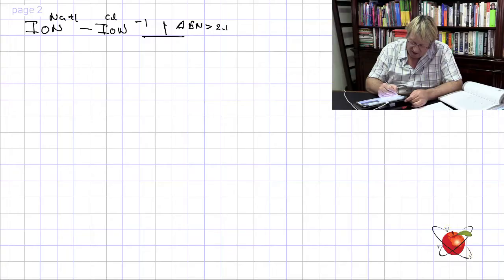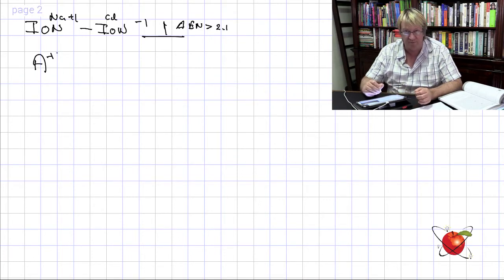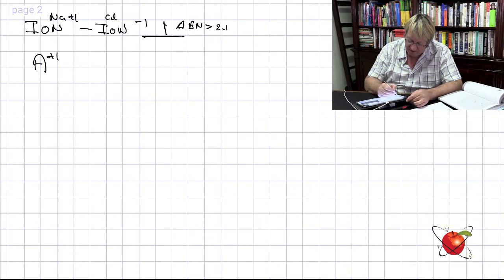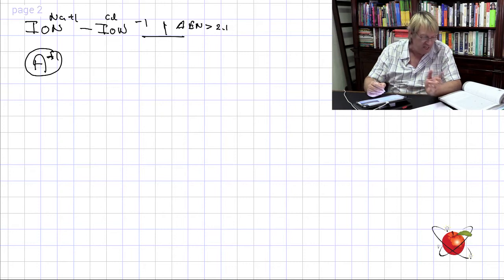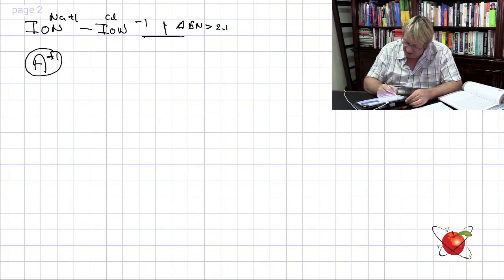Let's take a positive ion A, +1. Now this +1 charge is floating around in water, let's say. Also in this water is a molecule CD.